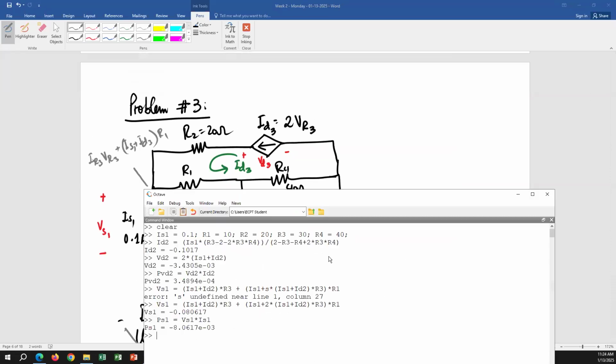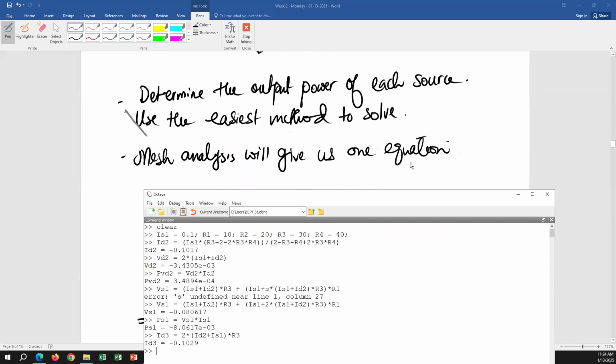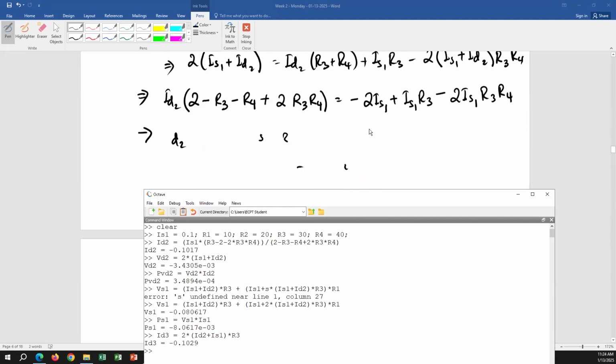Let's go ahead and calculate that. ID3 is 2 times VR3, and VR3 is 2 times ID2 plus IS1 times R3. So negative 0.1029. So now we have that value. We don't have to go back and search.